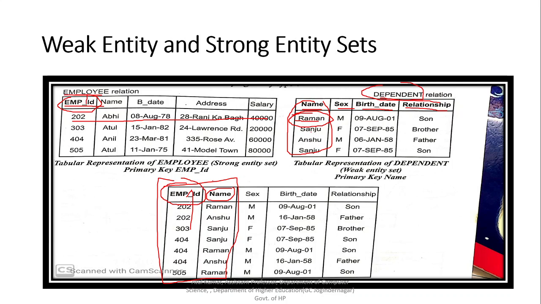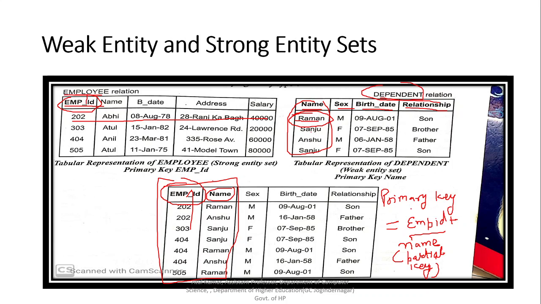So the primary key here is equal to employee ID plus name, and name here is a partial key of the dependent relation and employee ID is the primary key.